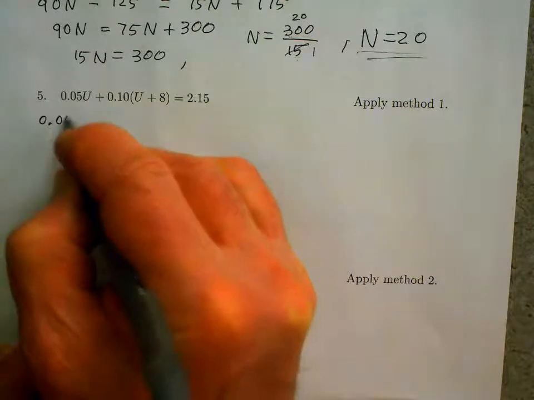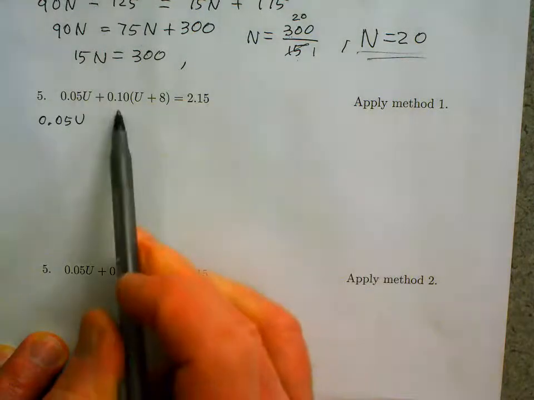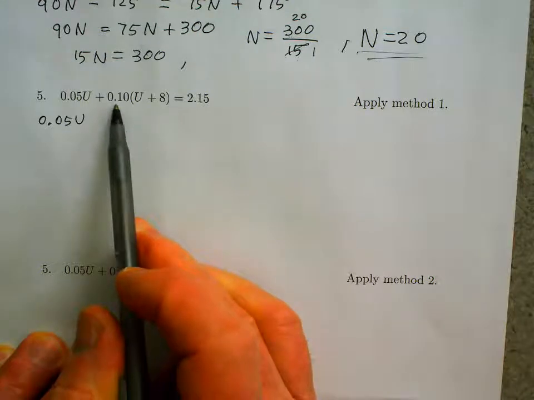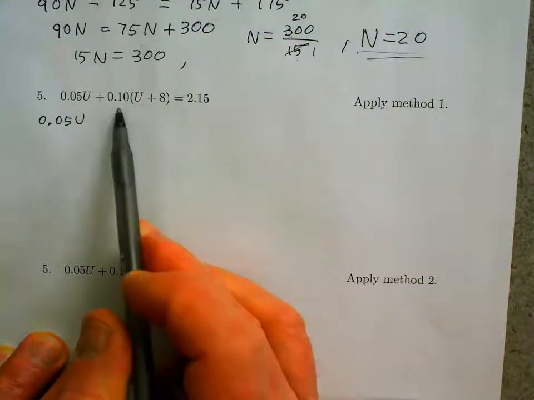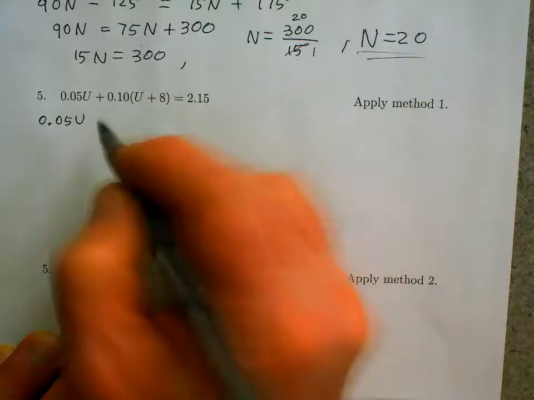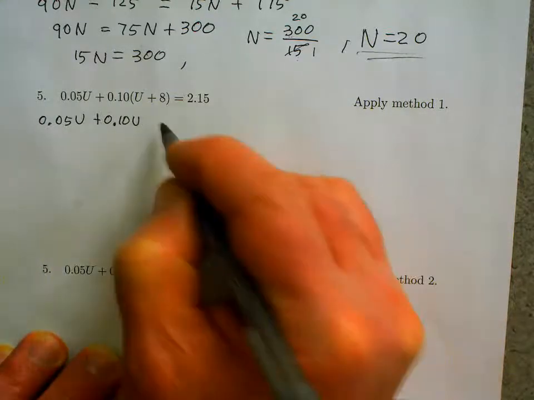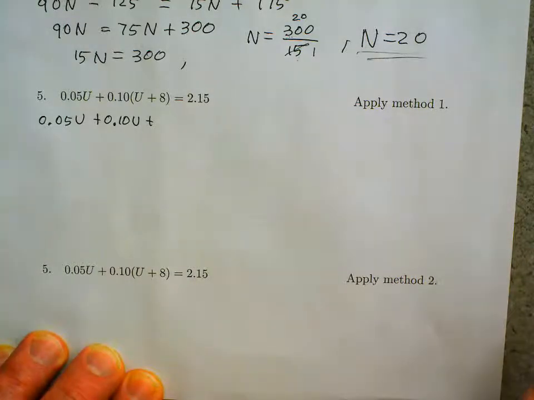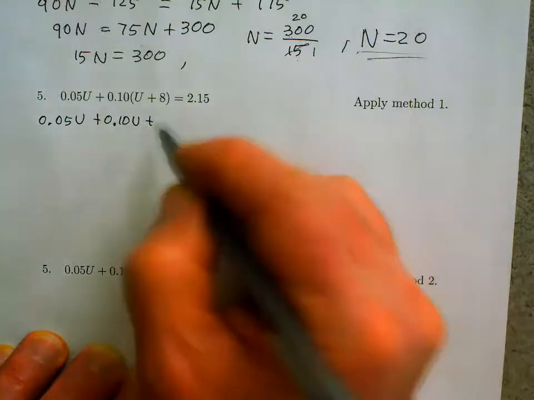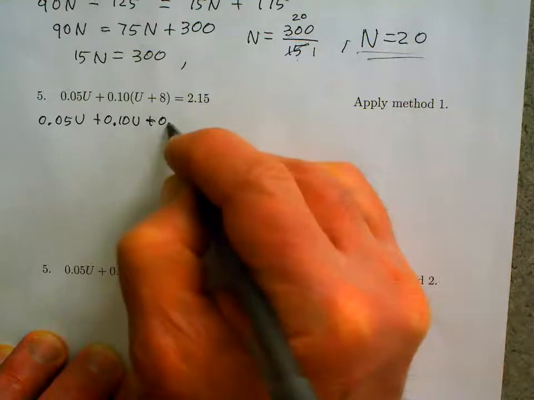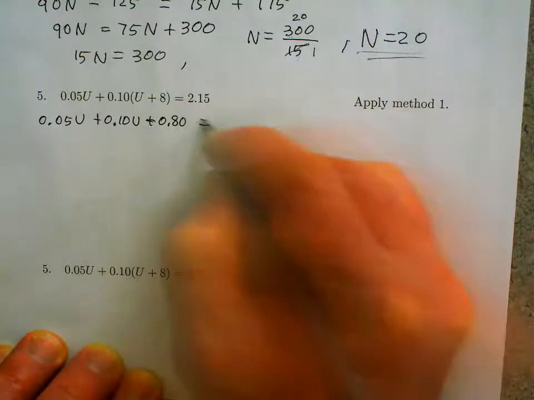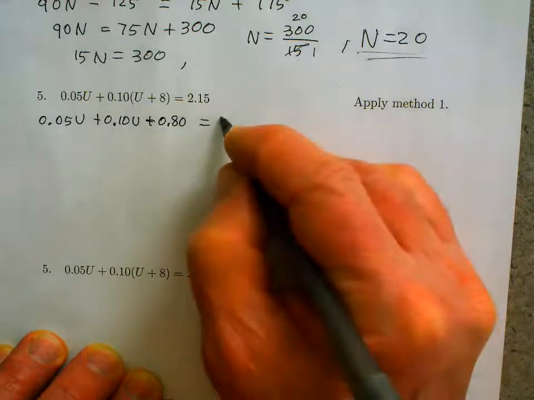Okay, and in this one, we'll start by distributing multiplication over u plus 8 by 0.10. So we get plus 0.10 times u, and then 0.10 times 8 is 0.80. And on the right-hand side, 2.15.